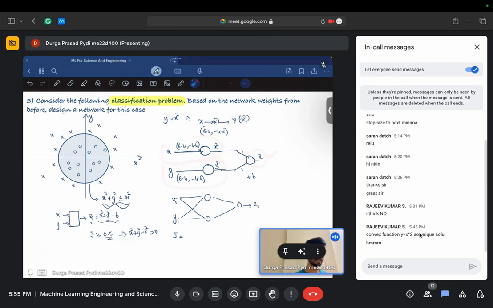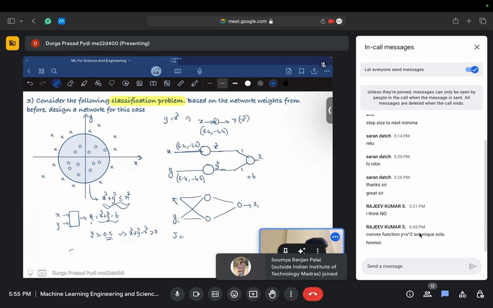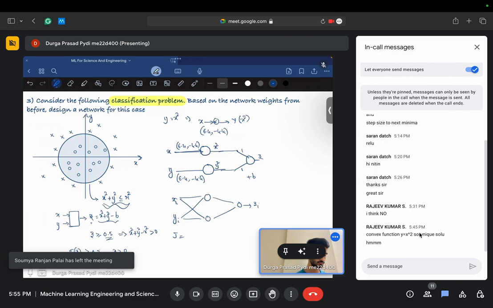The point I am trying to exploit here is your sigmoid function. If x is positive, then depending on whether x is positive or negative, your sigmoid function will be greater than or equal to 0.5 or less than or equal to 0.5.